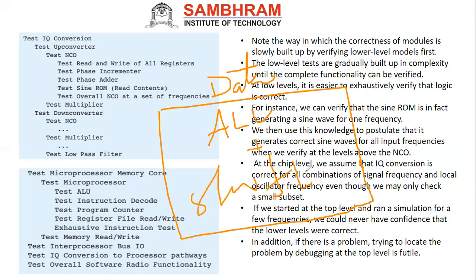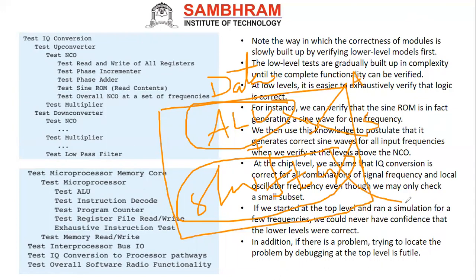The ALU has arithmetic and logical operations, right? Then the shifter. So when I want to do the regression verification, first it will do the testing for the ALU, then for the shifter. Then again in the ALU, it will test each and every operation individually: addition, subtraction, logical, all this.